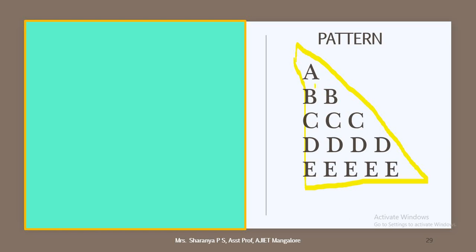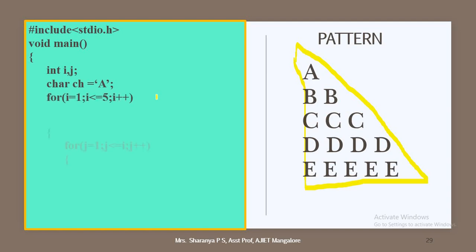We have to print first a, then bb, then ccc. What is the major change we have to make? Here, one major option is that we are not incrementing the value inside the loop. Rather than that, we will be incrementing the character value outside the innermost loop. So how will it be? First time it will be printing a. Next, it will be printing the value b.